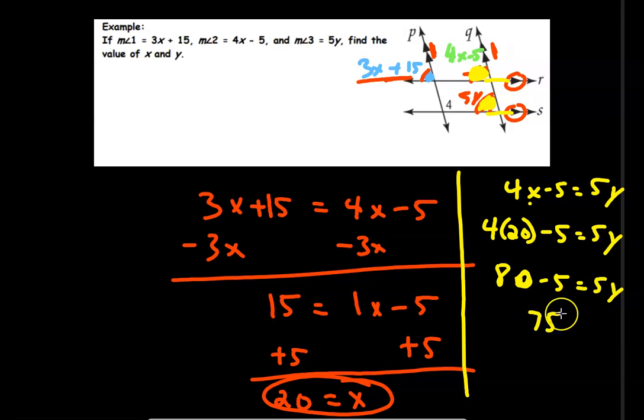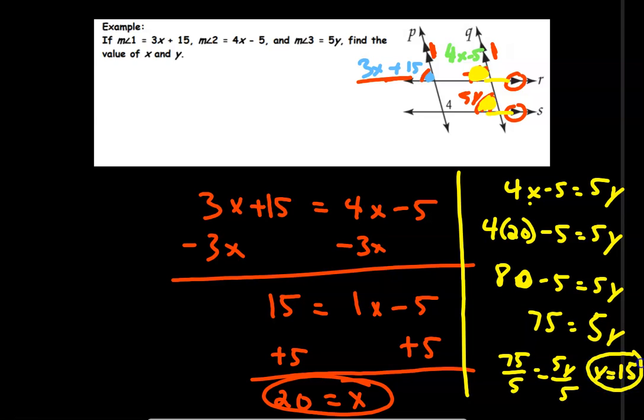So 75 equals 5y. If I divide by 5, 75 divided by 5 is 15. So y is 15. So I know x is 20 and y is 15. That's how we can solve with variables. We can use what we know about the angles to create equations to solve it.